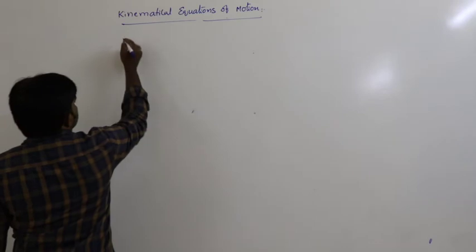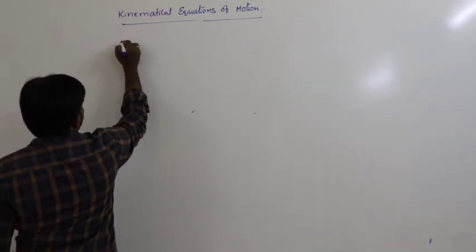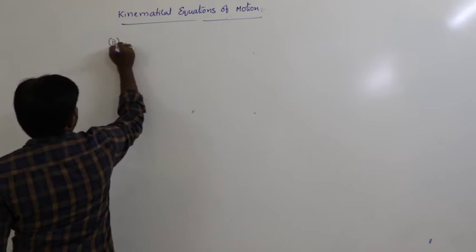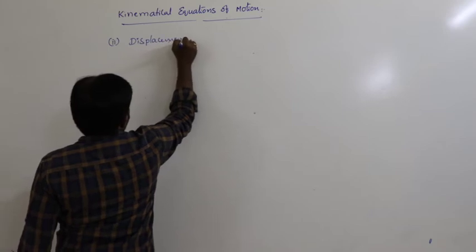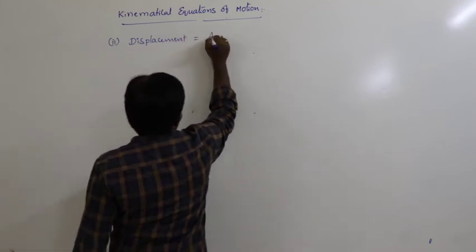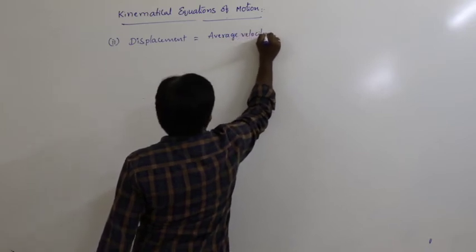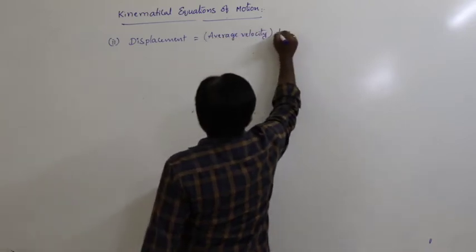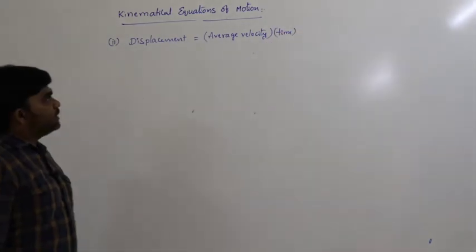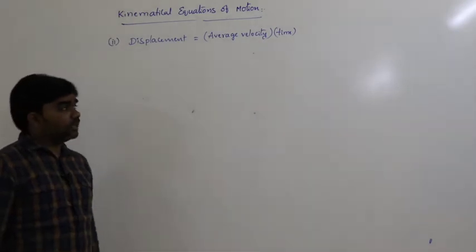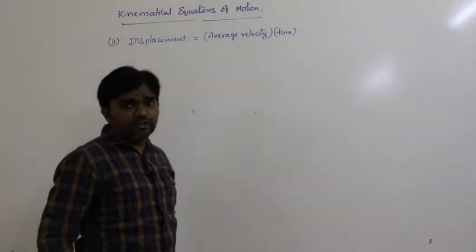So for example, the general equation, we know for the second equation of motion, displacement is equal to average velocity into time.